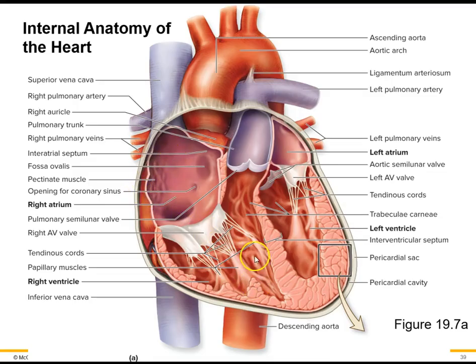Moving down to the right ventricle, you can see the trabeculae carneae here, these ridges of muscular tissue inside of the ventricle. And then you can see the papillary muscles. Those are these conical muscles here, and you can see that they're attached to these thin, long strands of collagen. And these strands of collagen attach to the valve, the leaflets of the AV valve.